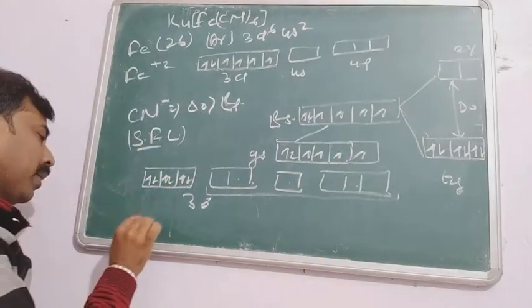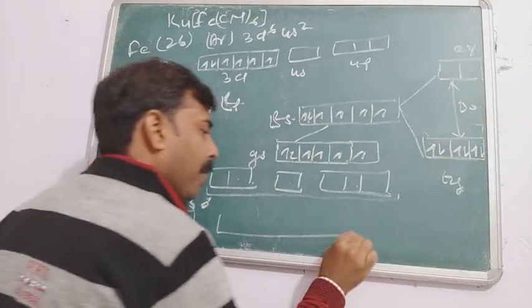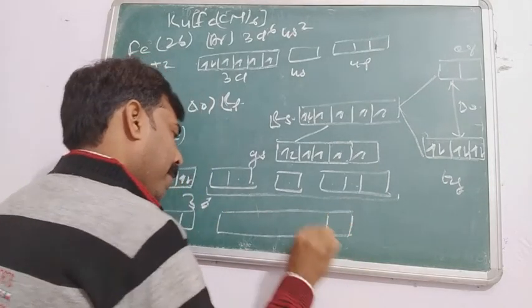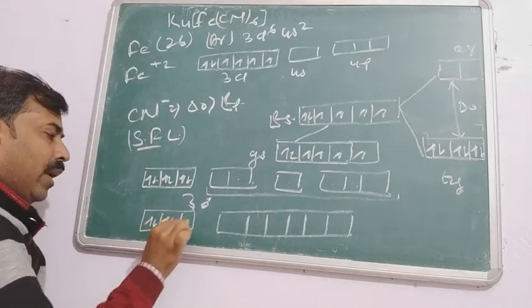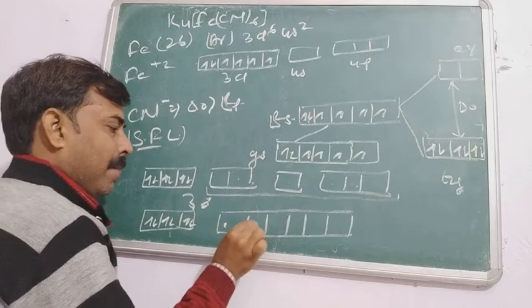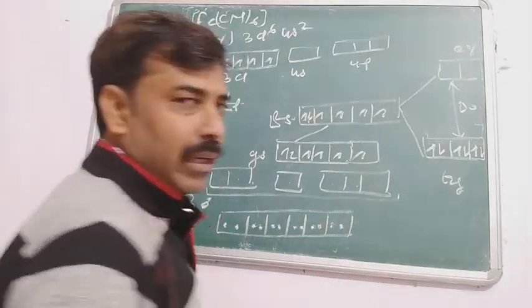Now we are showing these electrons that were already here, and these are the 6 pairs coming from the cyanide ligand.